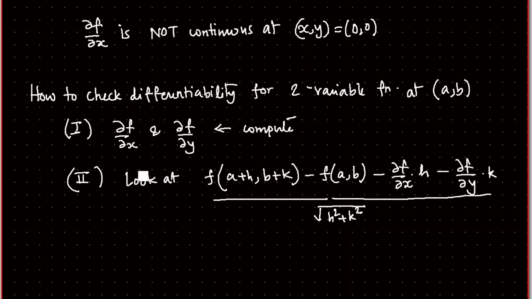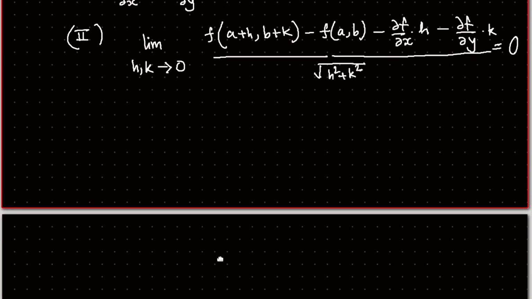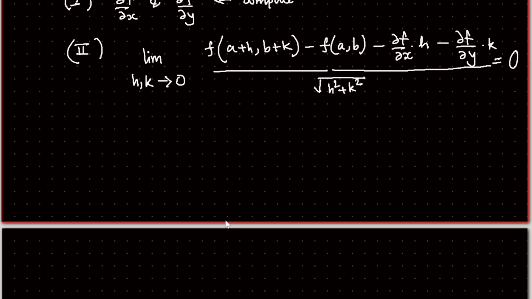And the limit of this as h and k go to 0 must be equal to 0. So this is the condition for differentiability of a two variable function, right? So now we need to do it for the given function f at the point (0, 0). So let's look at it.